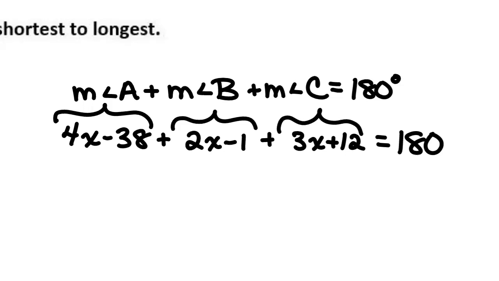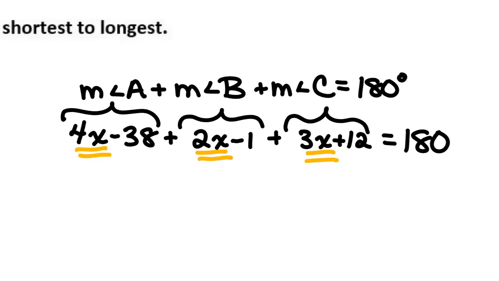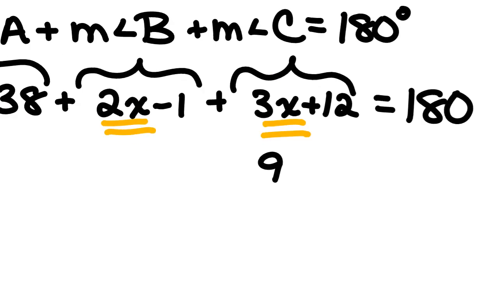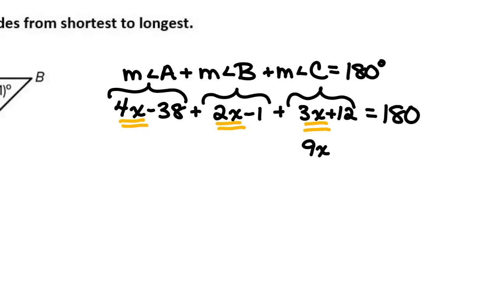Let's combine our like terms together. I have 4x, 2x, and 3x. How many x's do I have when I collect them all? 9x. And then I have to combine my constants together.